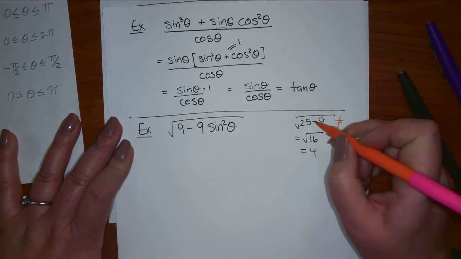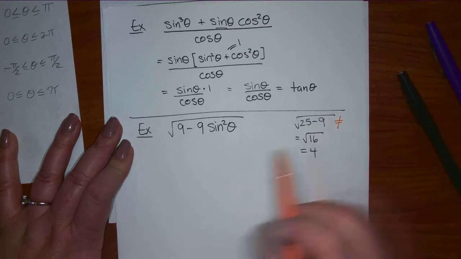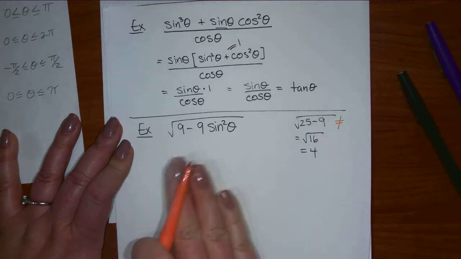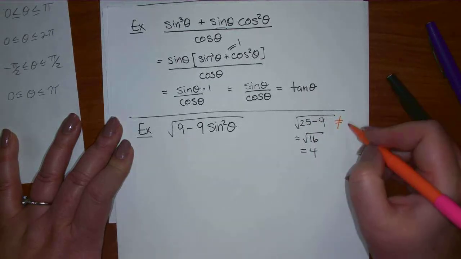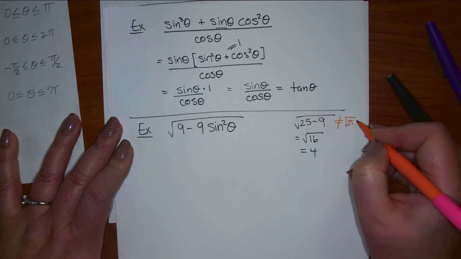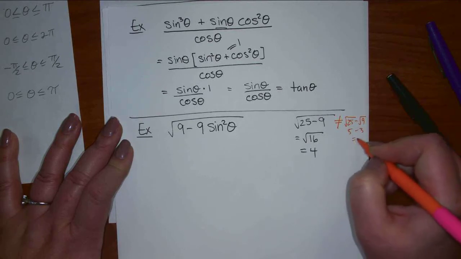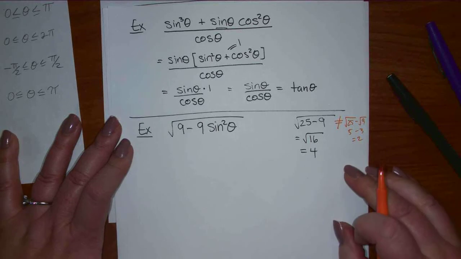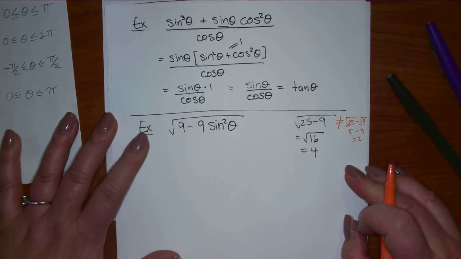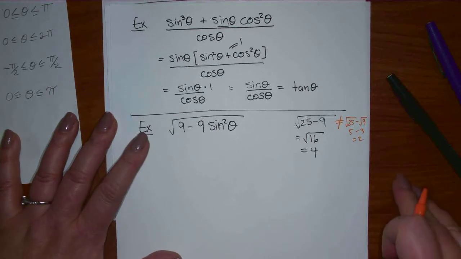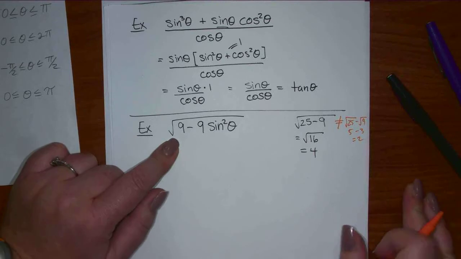When they're multiplied only, not when they're added or subtracted. And these are subtracted, you cannot split that up, so don't do that, that would be wrong. This is not root 25 minus root 9. That's wrong, that would be 5 minus 3, which is 2, not 4, which is the right answer. You can't split up a square root unless it has multiply. So, we can't do that.